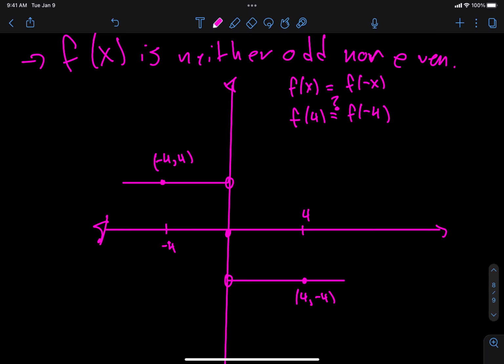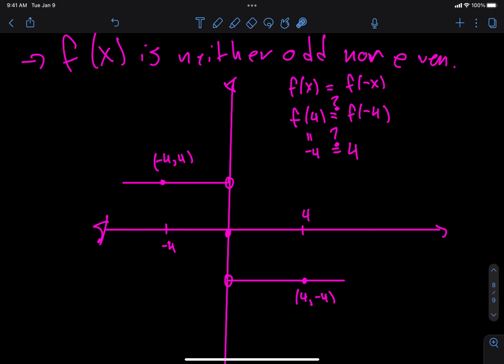It's negative 4. Is that the same thing as f of negative 4? F of negative 4 is 4. Are these two things equal to one another? No, they are not equal to one another. So this one's going to be not even. If it was even, then this point would have a corresponding sister point right here. But it doesn't, so it's actually not even in this case. All right? Is that clear?